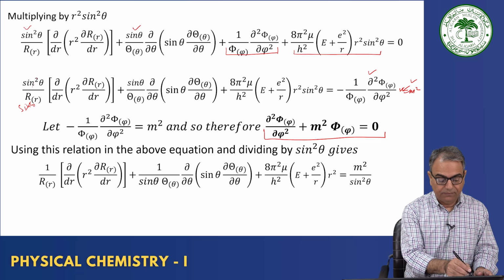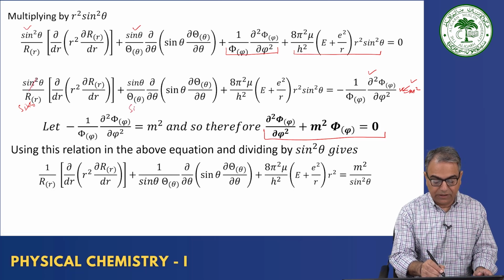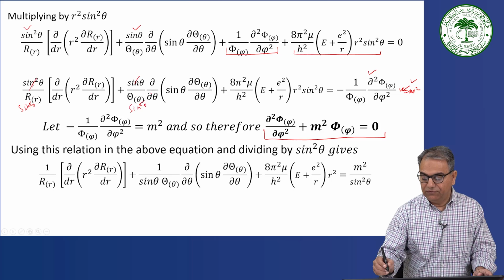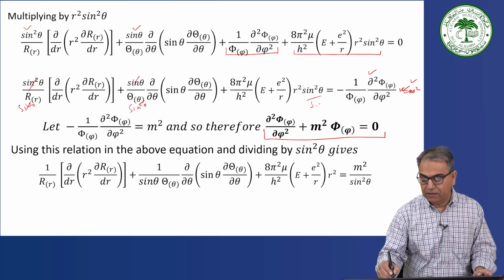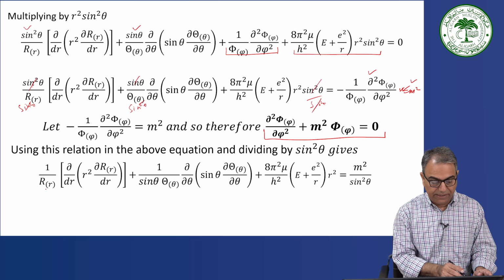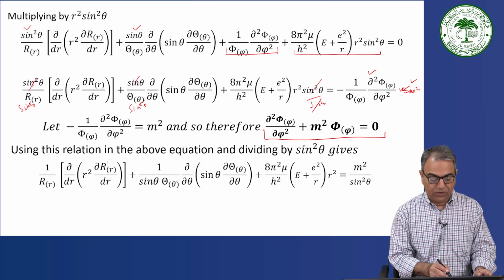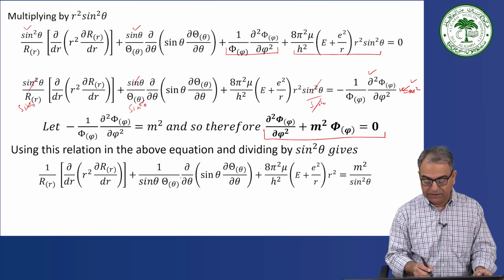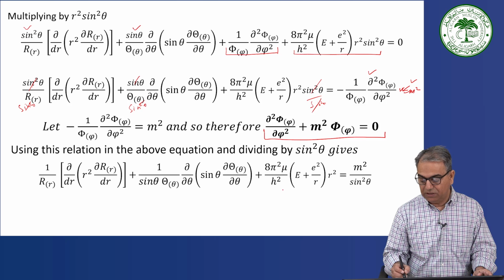You will get an equation: 1 by r del by del r square del r by del r plus 1 by sin theta theta theta, this theta theta will remain, del theta sin theta del theta theta by del theta, plus 8 pi square mu by h square into e plus e square by r.